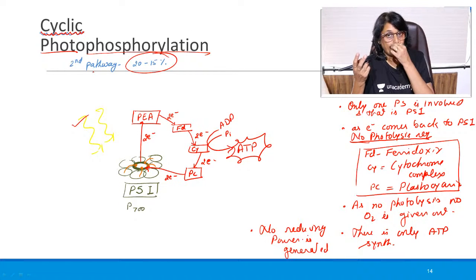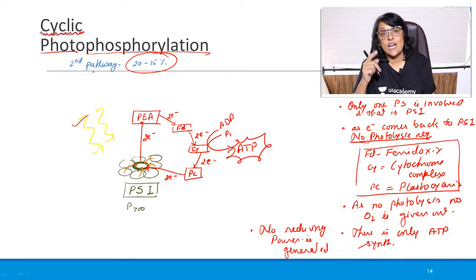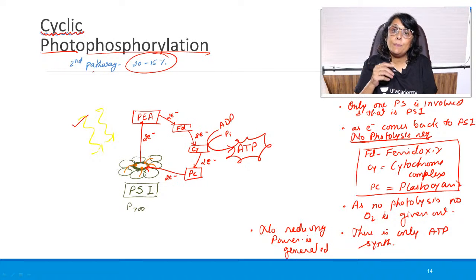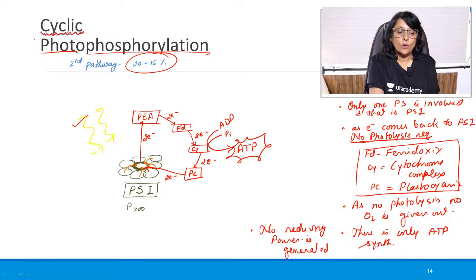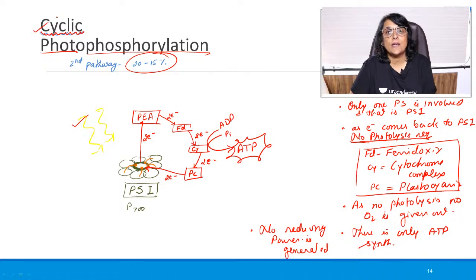See, this is why this pathway is not the major pathway, because for the dark reaction to take place, two things are required. In the dark reaction, carbon dioxide is reduced to obtain carbohydrate. And for reduction, reducing power is required, ATP is required. So for the dark reaction, ATP and reducing power are both required. If only cyclic photophosphorylation takes place, then only ATP would be synthesized.